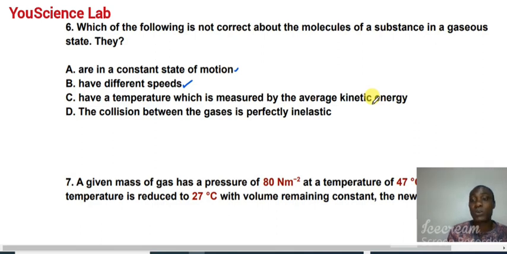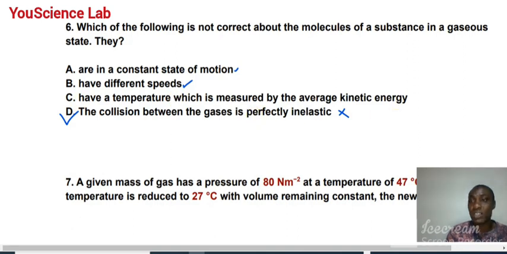The temperature of a body, according to kinetic molecular theory, is the measure of the average kinetic energy of the molecules of a body. So that is also correct. The collision between the gas molecules is perfectly inelastic. The collision between molecules is a perfectly elastic collision. So this is wrong. So that gives us the correct option.